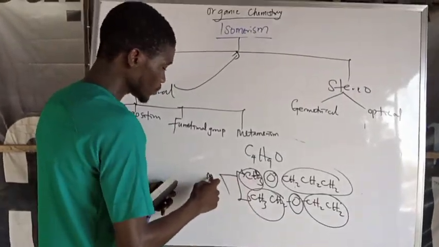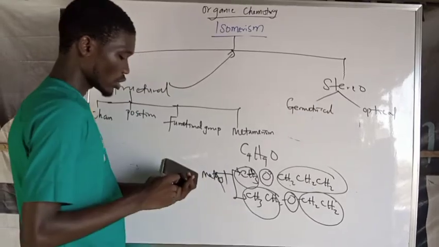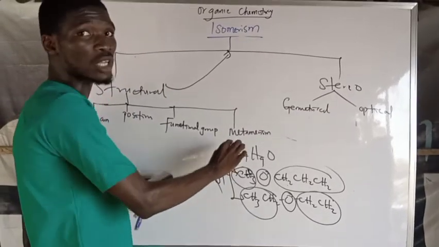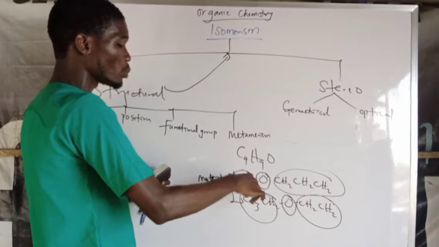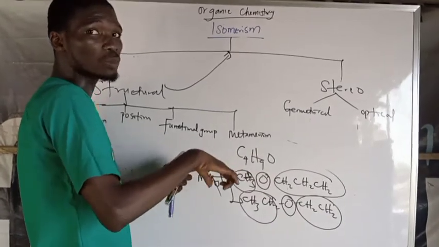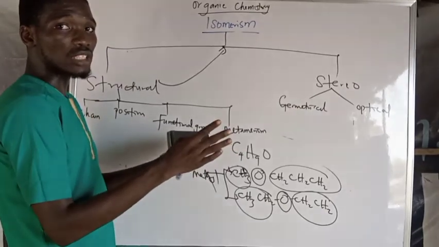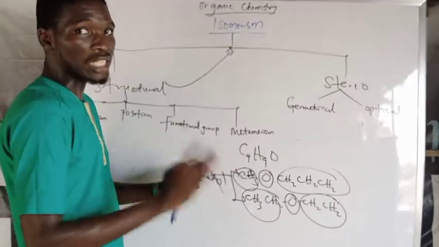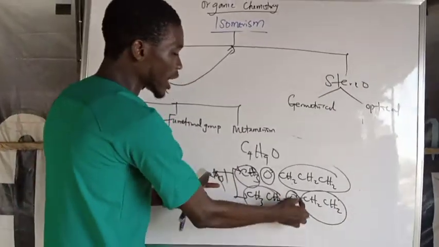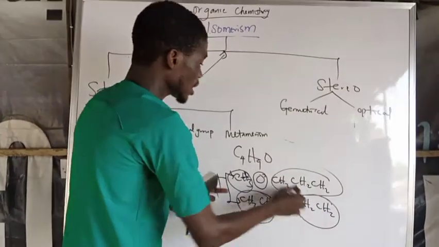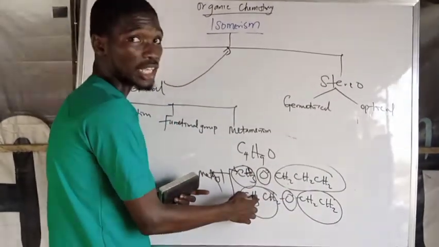Methyl group. So from the definition, they have the same molecular formula and functional group, but the way the groups that surround the functional group are arranged can change anytime. I can decide to place this O here, then I can decide to put it here also.